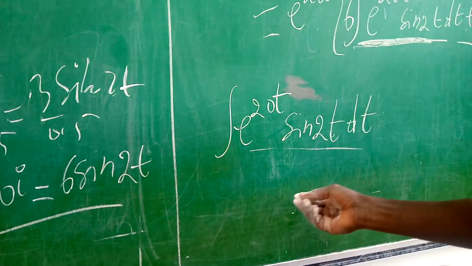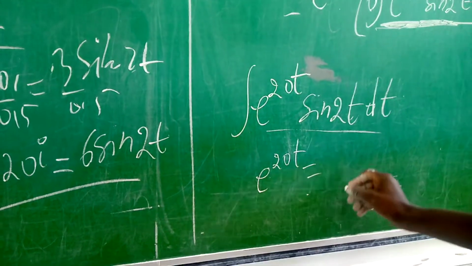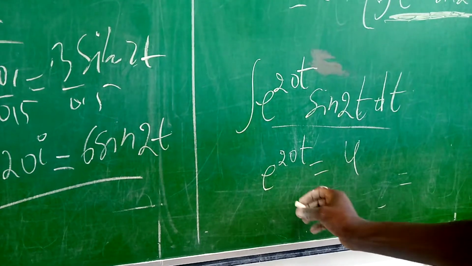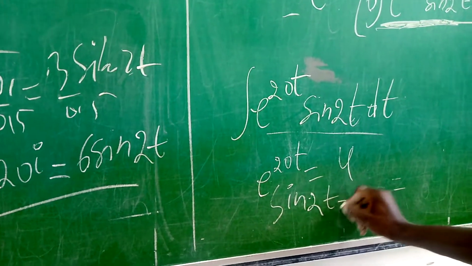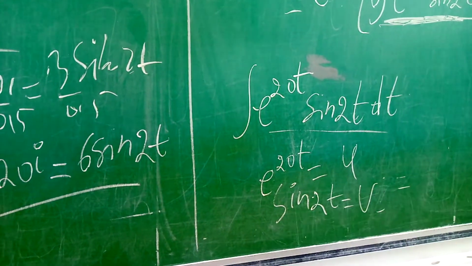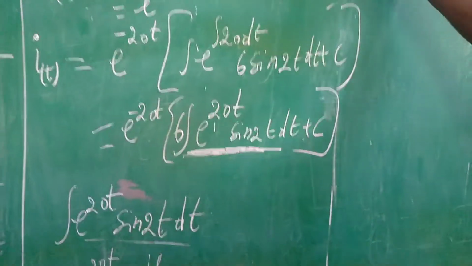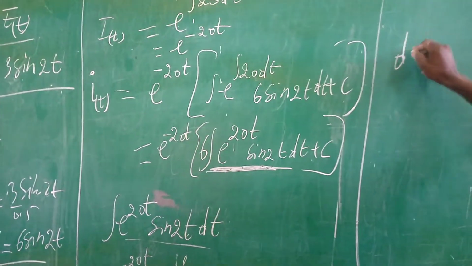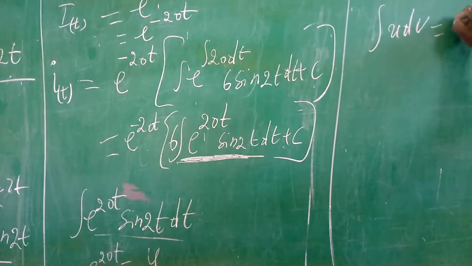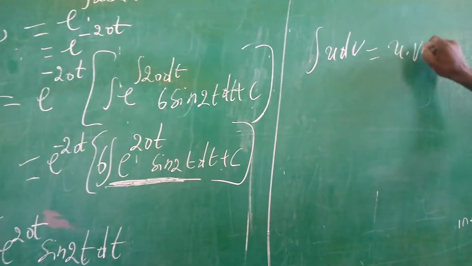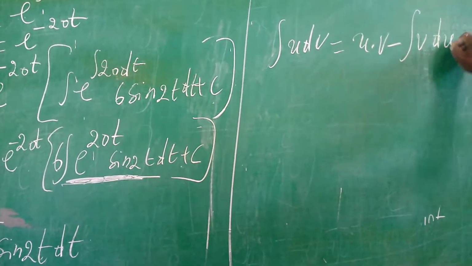So let's suppose that we have e to the power 20t equal to u, and sin 2t dt equal to dv. Then we remember that we can use the formula: the integral of u dv is equal to u times v minus the integral of v du.